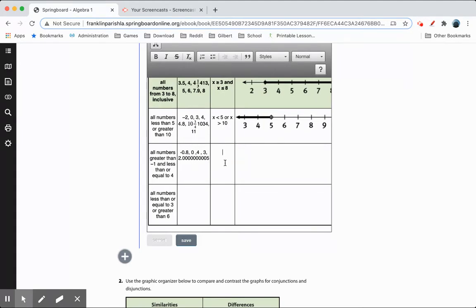The way we would write these inequalities, all numbers greater than -1, not including -1, so it'd be x is greater than -1, and x less than or equal to 4. X would be this right here, copy and paste. Less than or equal to 4. Oops, sorry, +4.